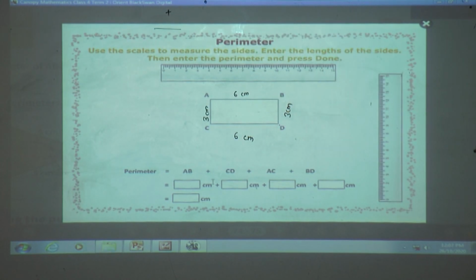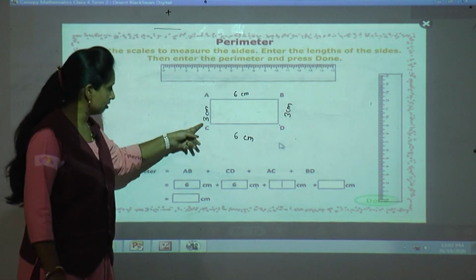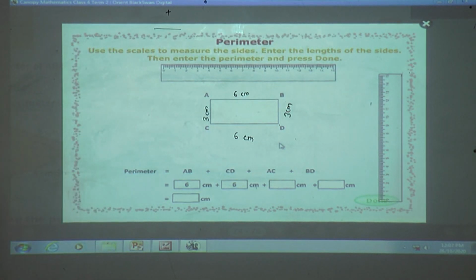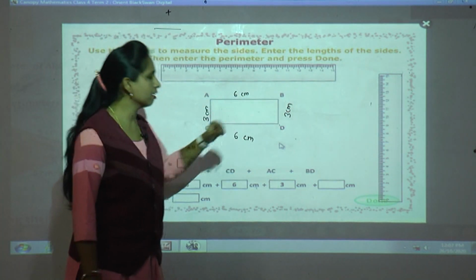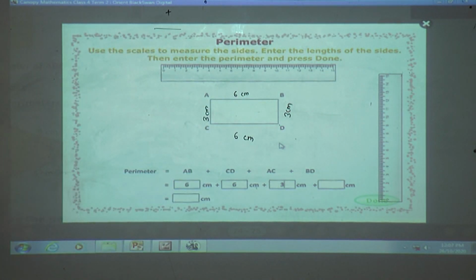Now we will enter how much AB is in centimeter? 6, correct. CD also 6. What about AC? See where is AC? AC is here 3 centimeter. Now I'll enter here 3. What about BD? How much BD is? 3 centimeter. Then again I'll enter here 3 centimeter.